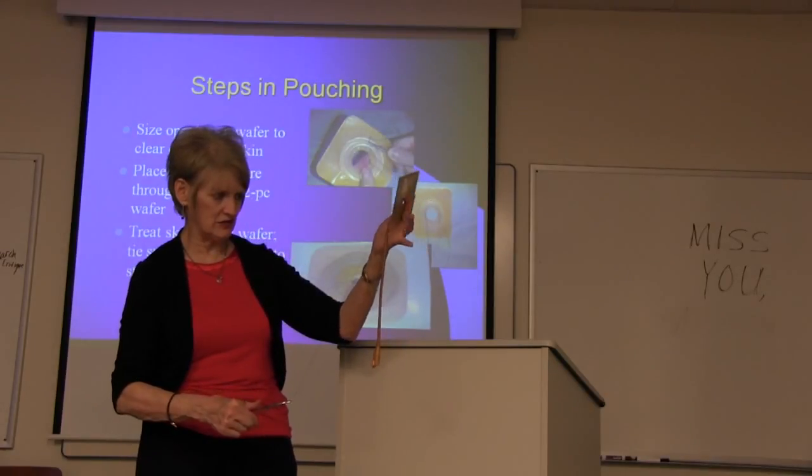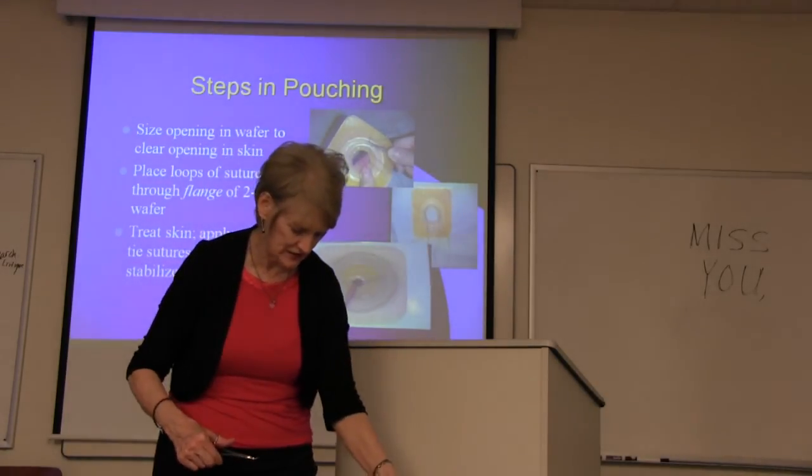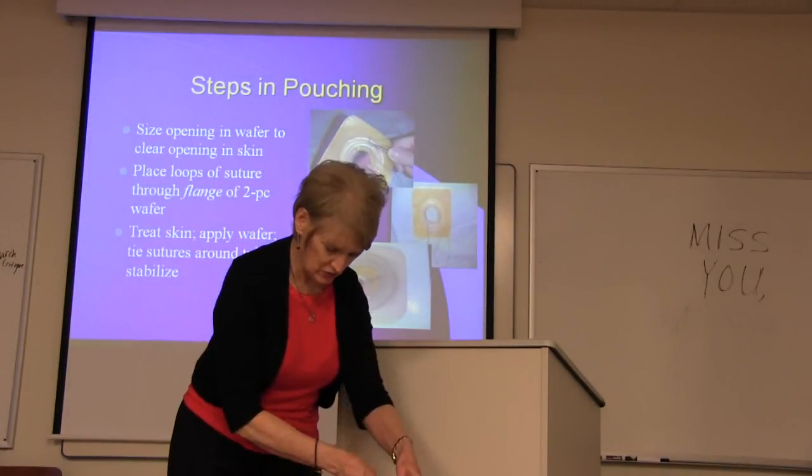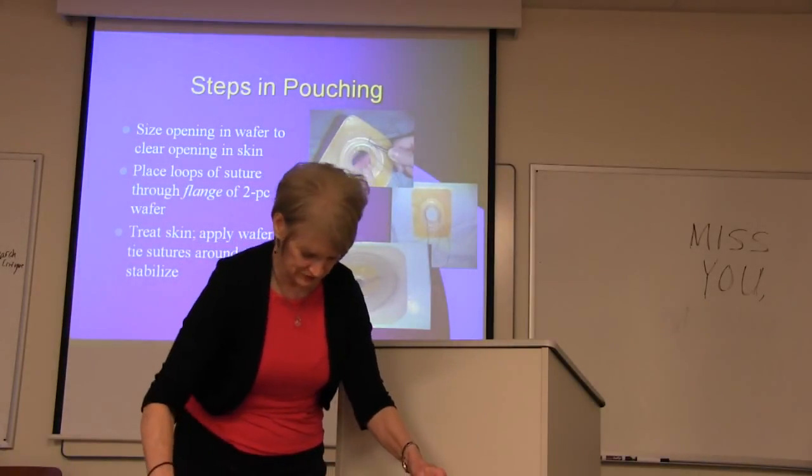And you can do this when it's already on the patient. I've had to do it when it was already on the patient, but I much prefer to do it when it is not on the patient.